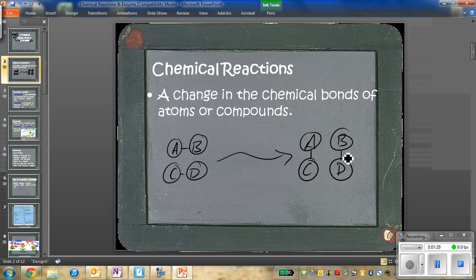What we are doing is breaking one set of chemical bonds and building more chemical bonds. It can either be just breaking, or just building, or both, which is this example. We're going to look at some different examples today, but this is the gist of it: change in chemical bonds.